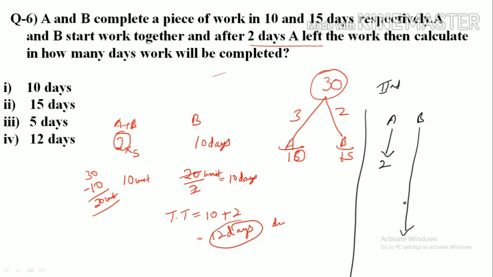It means A is there for the first 2 days only, and B is there till the last, because the work is completed by B only.